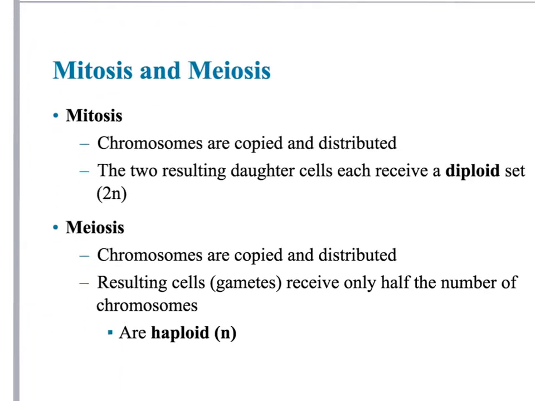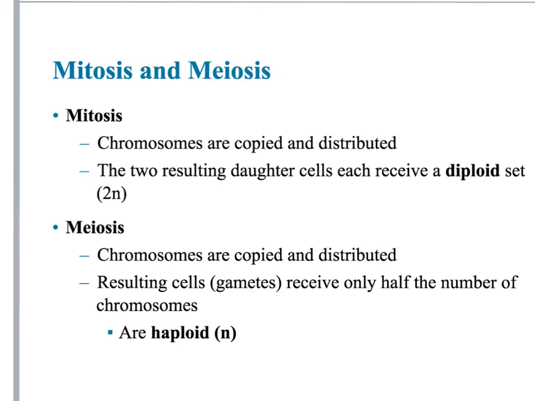In mitosis, the chromosomes are copied and distributed, and it results in two daughter cells, each receiving a diploid set. Our N number is 23, so we end up with a full diploid amount of 46 total chromosomes. Meiosis is where chromosomes are copied and distributed, but now the gametes receive only half the number of chromosomes.